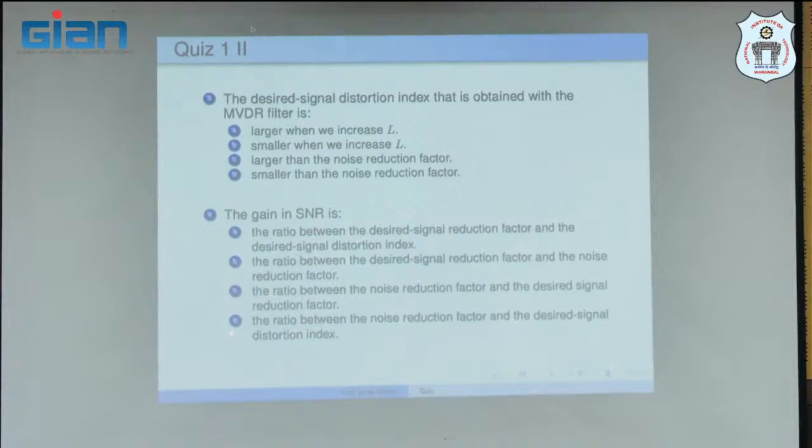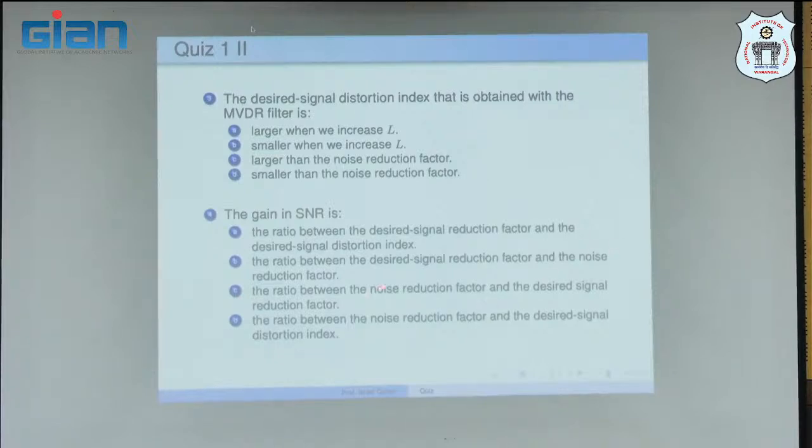Which one, C or D? C, okay. The ratio, let's read it, the ratio between the noise reduction factor and the desired signal reduction factor. Okay, but even if you don't remember, think about it. Maybe you remember it's some ratio, but you're not sure if it's C or D. Okay, let's think about it.